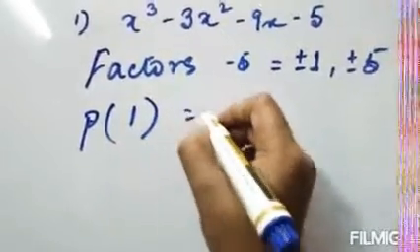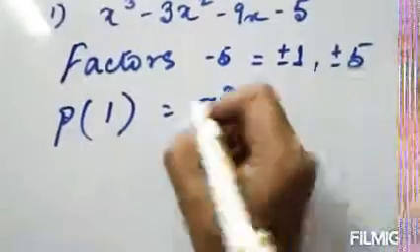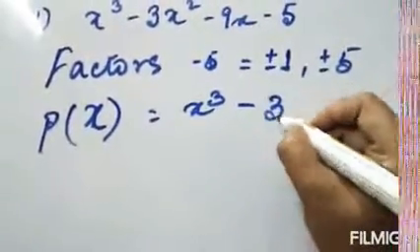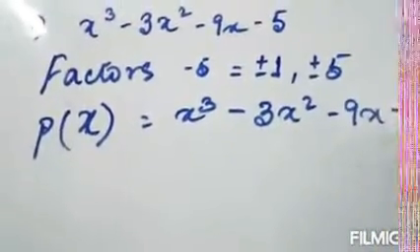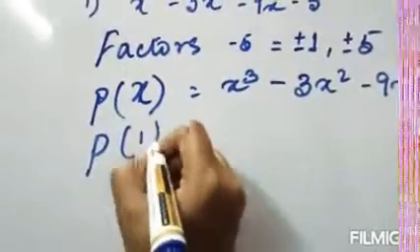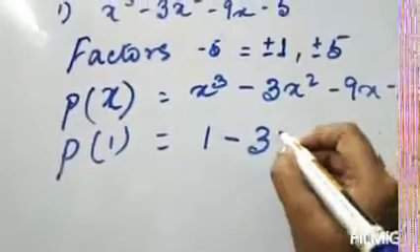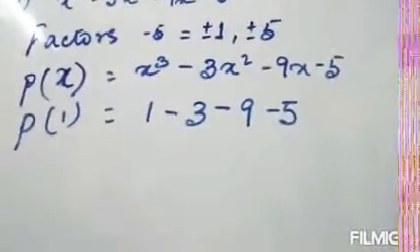So what was our polynomial? Px is equal to x cube minus 3x squared minus 9x minus 5. Now P1 will be what? 1 minus 3 minus 9 minus 5, correct?